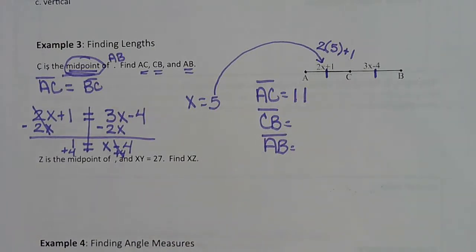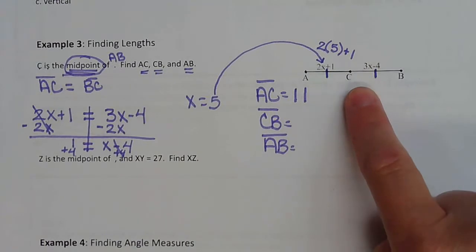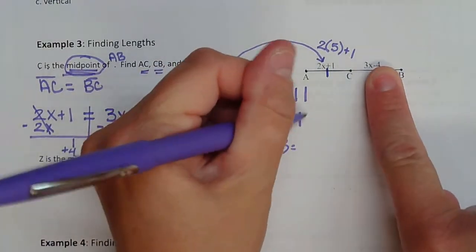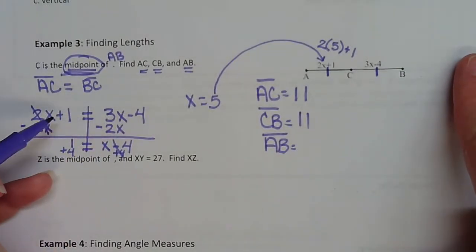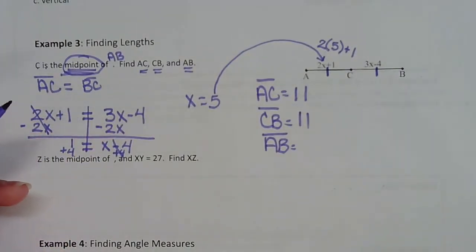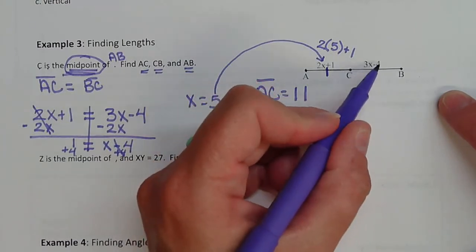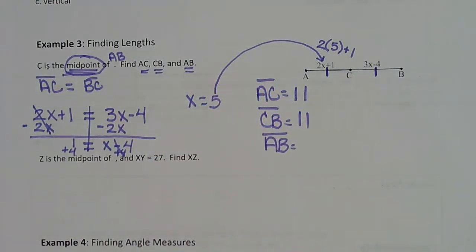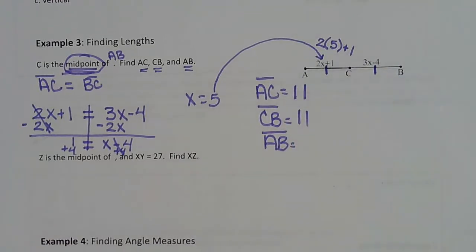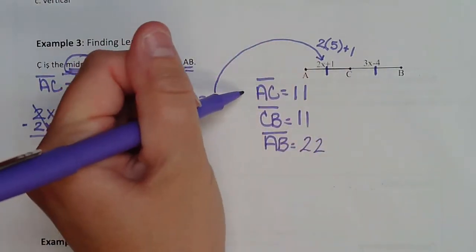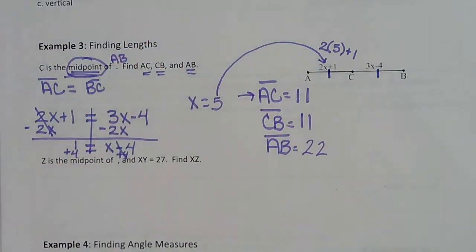I don't even have to plug it in because this is a midpoint. If this is 11, this is 11. That's why we just set them equal to each other. And you can check it if you don't trust me. 5 times 3 is 15. Minus 4 is 11. And then what's the length from A to B? 22. So once you find one of them, you can find them all.